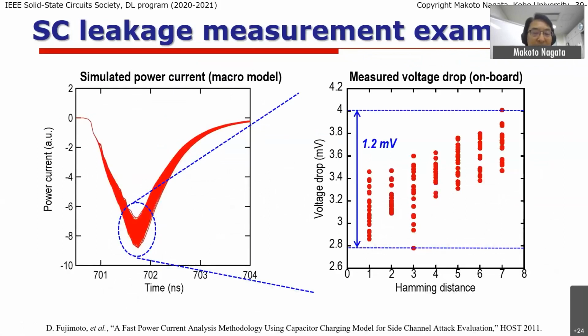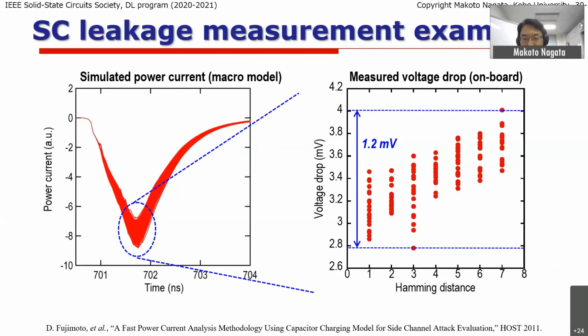Examples. In the operation of the AES with a different plain text, we see the difference in the power current. Those power currents depend on the input plain text and potentially depend on the internal secret key bytes. In this case, this is a simulation version, by the way, but in the measurement, we may see the voltage drop happening on the board or the size of the EM radiation from the board.